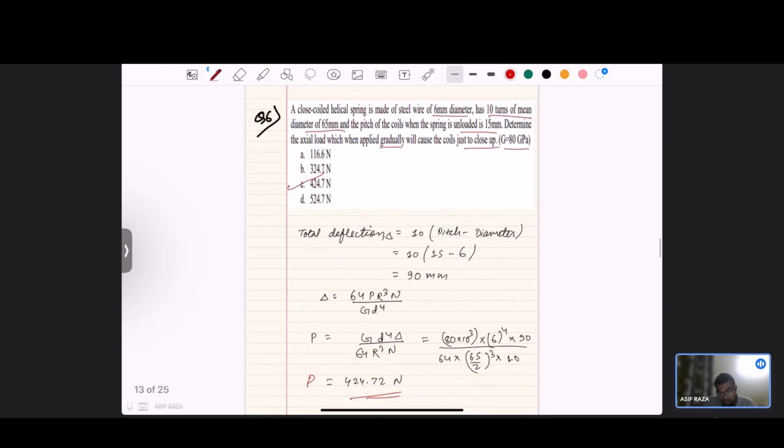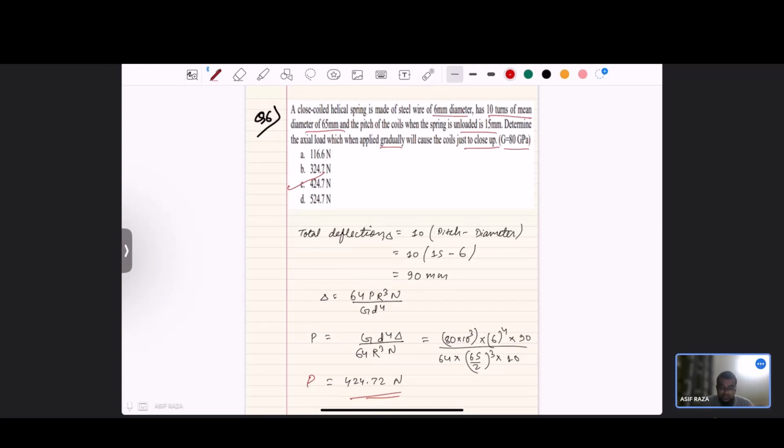So in this everything is given, only thing to think about is this total deflection thing. In the total deflection it says the coils just close up, so all the coils will start touching. So from unloaded length to when the coils are touching, that would be my total deflection.